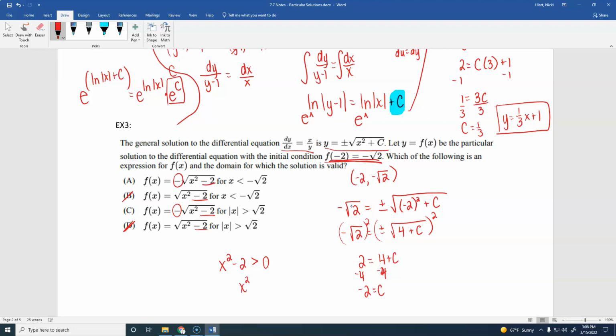So x squared would be greater than 2. Normally when we square root both sides, we put a plus or minus, but that's whenever we have an equal sign. Another alternative for that is putting absolute value of x is greater than 2, which is your answer choice C.